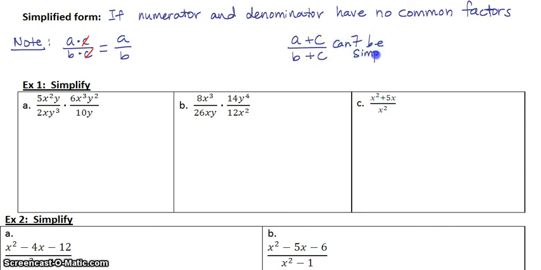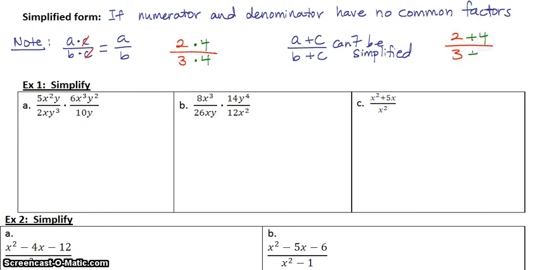This is very, very key. I would say number one mistake I see every year is students forget that if it's a plus sign, you can't cancel it. Now let me show you why, okay? Let me show you why. Let's say that a and b are 2 and 3. C is going to be 4, let's say.